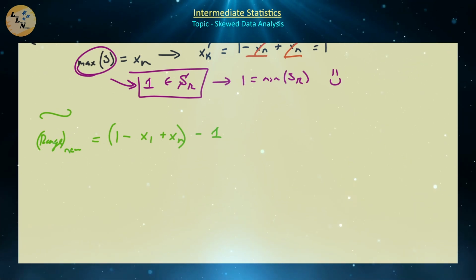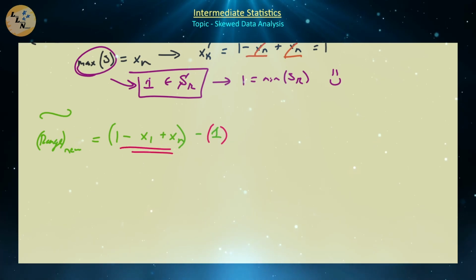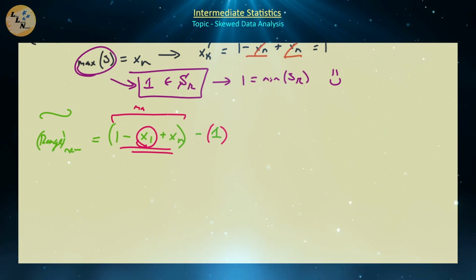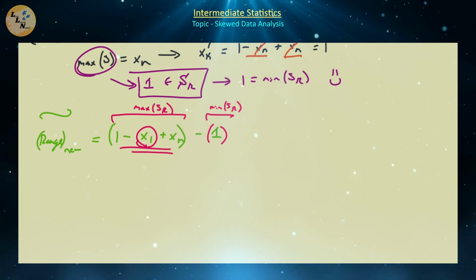We already know where the maximum of the old set is going to go. The maximum of the old set is going to go to 1, where 1 is the minimum. So take a guess at what that is. Well, that is the result of the minimum going to a new set in the element. So in some sense, this is equal to the maximum of the new data set. So we have the maximum minus the minimum, which is the definition of the range, right?